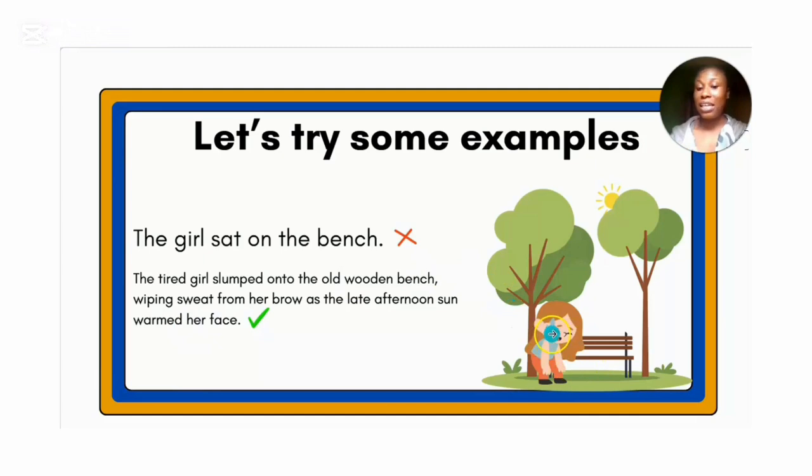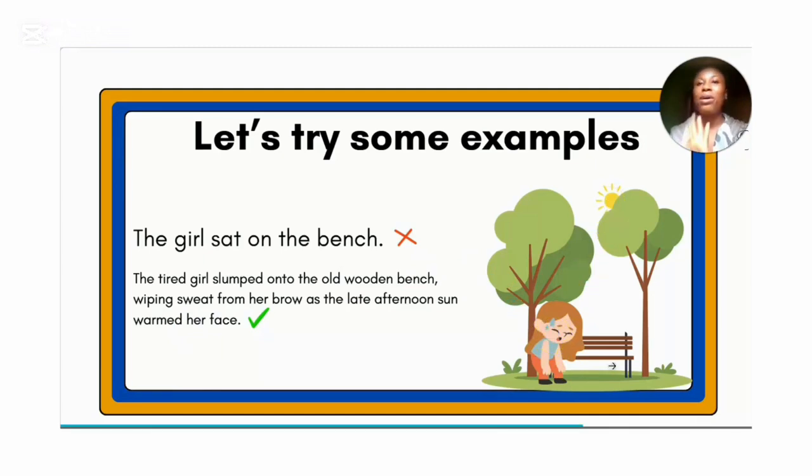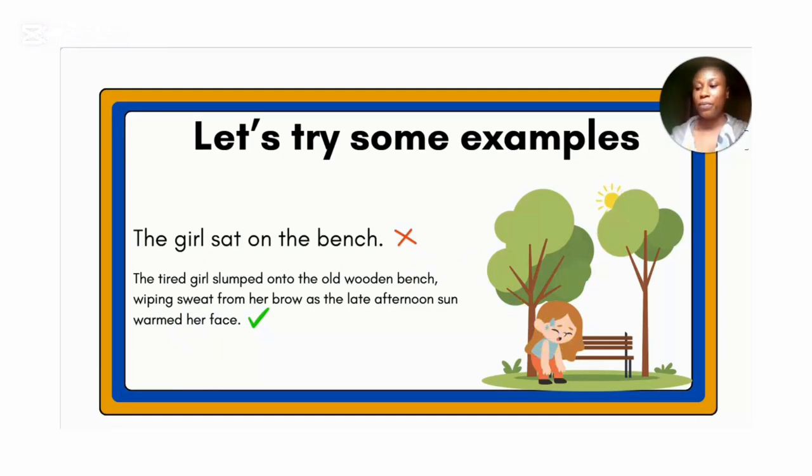Okay, the girl is tired, the sun is shining. Talk about everything you see. You could pick an object. For example, this is my lip gloss. Talk about everything that image has, all the features of that image. That's how you get some of the descriptions. Okay.